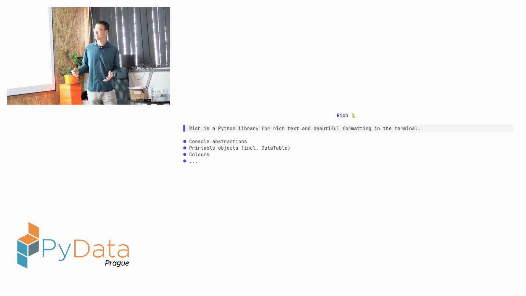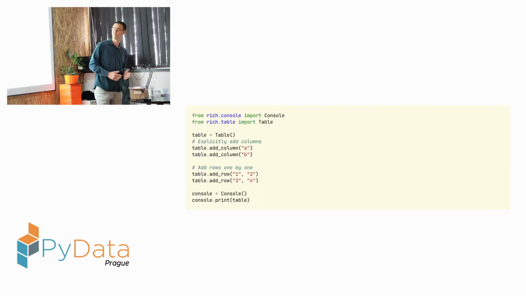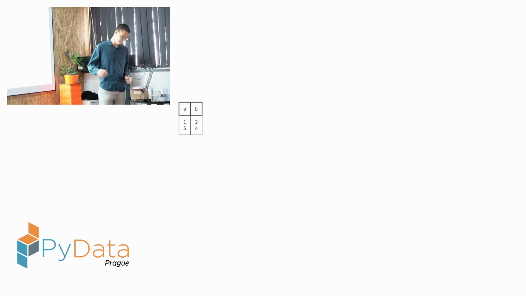It uses a lot of colors, and among those printable objects are, for example, the data tables. So if you want to show a simple table, you need to construct it. That's one downside. The API for creating a table is a bit tiresome. You cannot just import a data frame. But if you construct a table like that, it prints something like this.